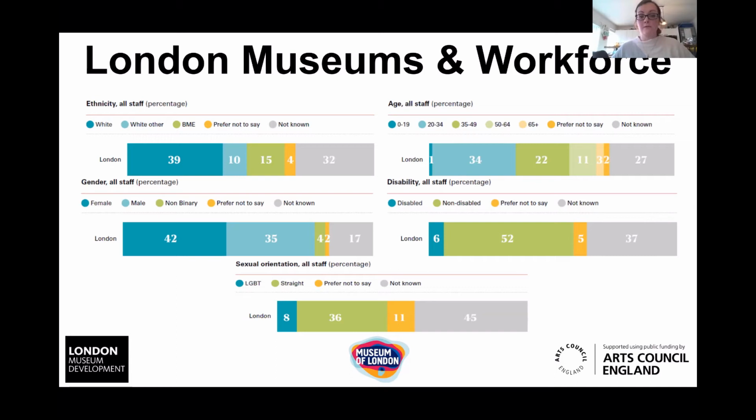There's quite a lot of information on that slide, as you can see. London fares better than some areas and less well in others, particularly, it is worse, sorry, in terms of board of trustees. Board representation across MPOs for Black and minority ethnic is 15%, with chief executives at 10% and artistic directors at 11%.